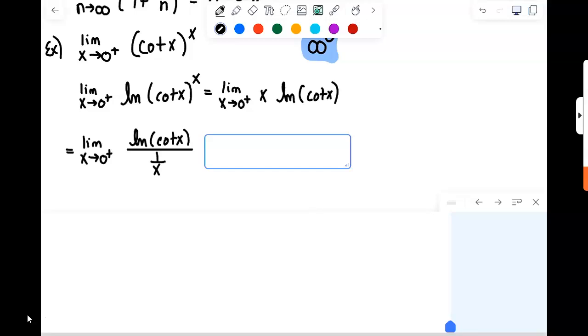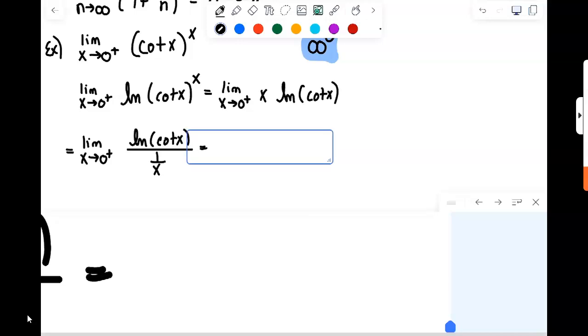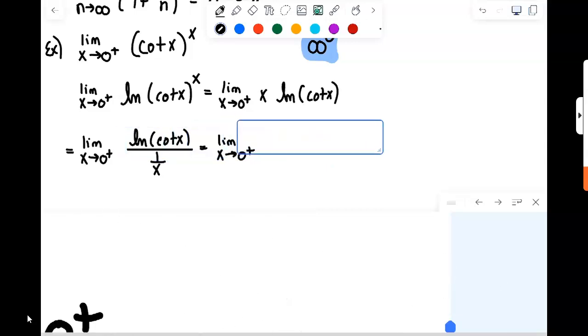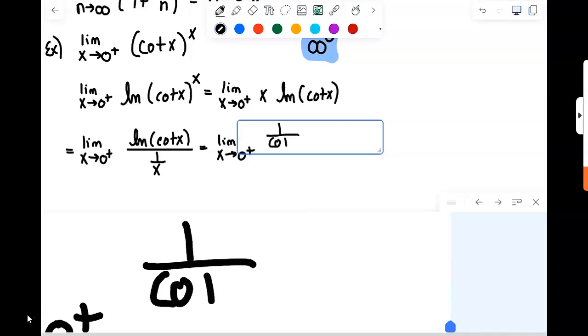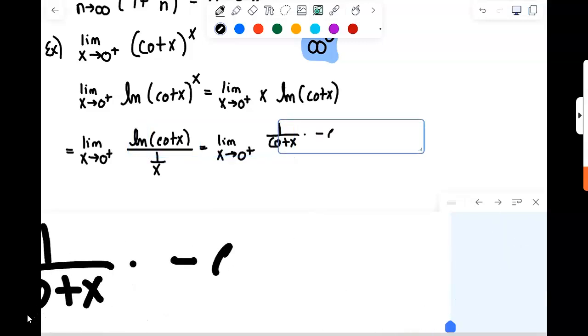Okay, so let's start to work this out. See what kind of progress we can make here. So taking the derivative of the ln, that would be 1 over that stuff, so 1 over cotangent x, times the derivative of the cotangent x, which would be negative cosecant squared x.